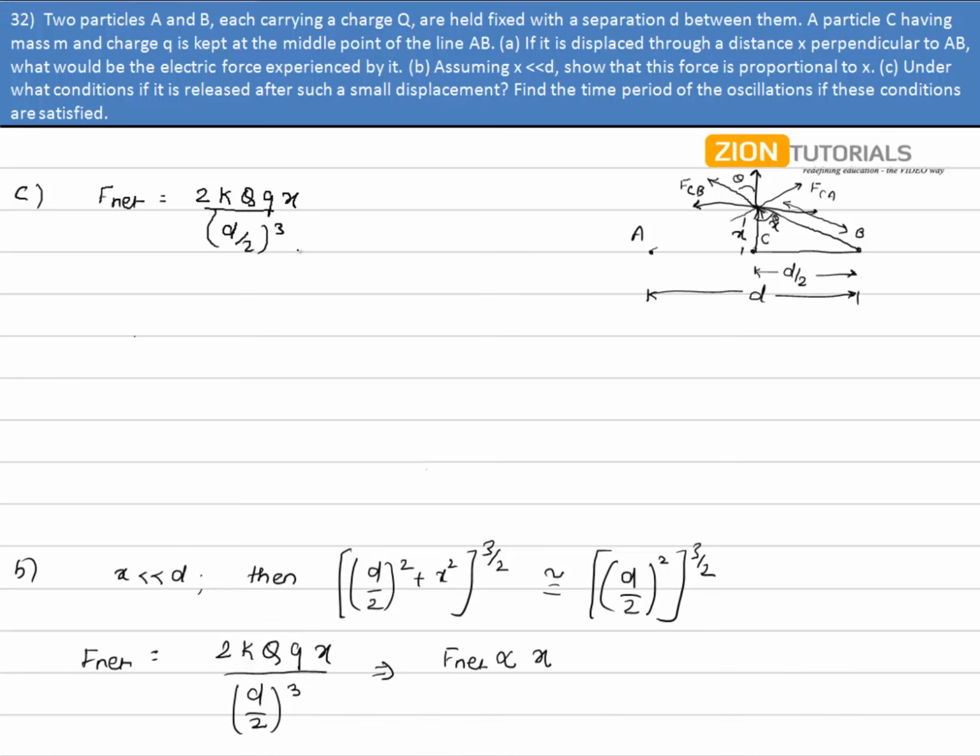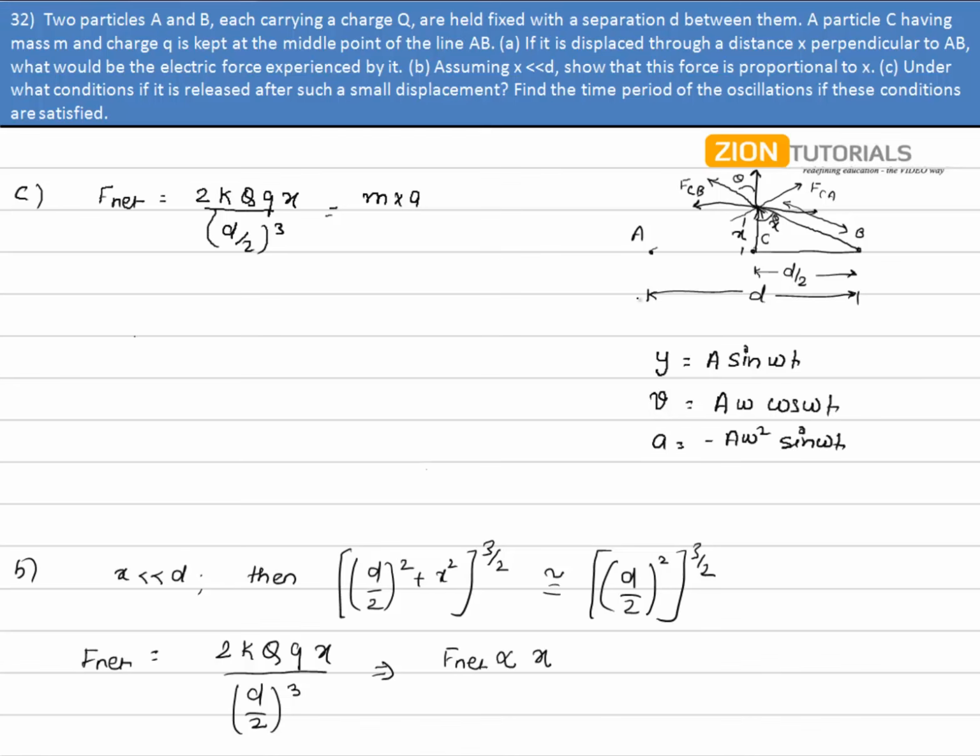Now in case of SHM, the force we know is given by mass into acceleration. Now let's say a particle is performing an SHM, then the displacement can be given by a sin omega t, as we all know, and differentiating this equation twice we'll get velocity as a omega cos omega t and acceleration as minus a omega square sin omega t.